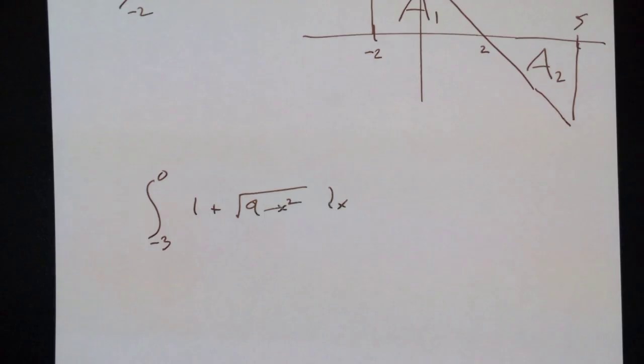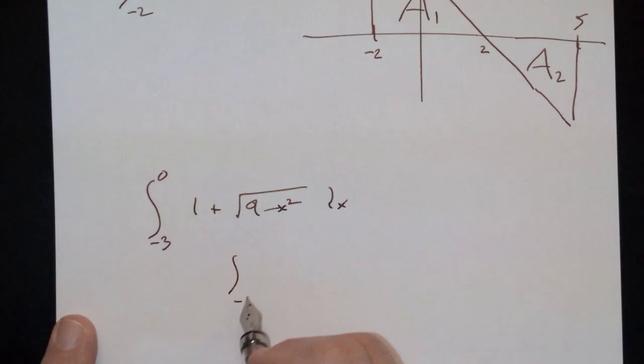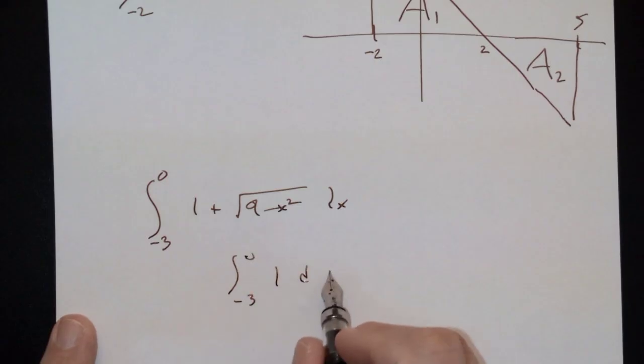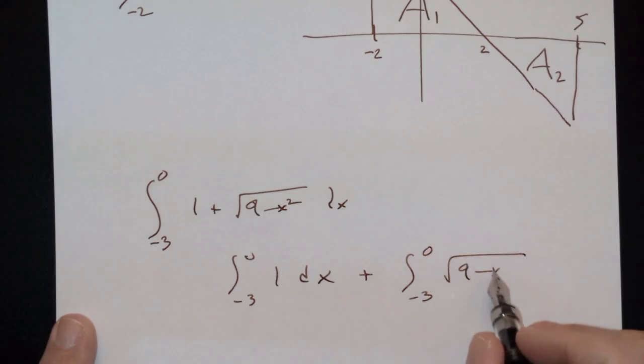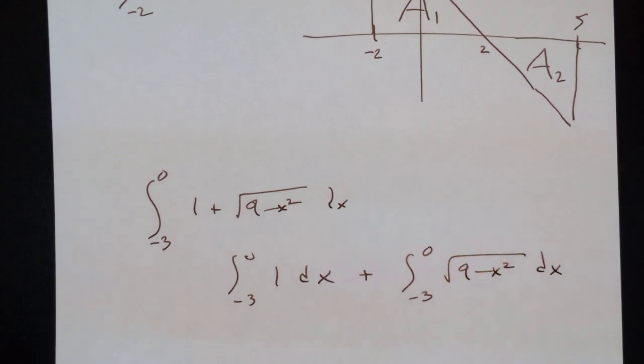But let's break it into two pieces. What's the graph y equals 1? A horizontal line. This area is a rectangle.